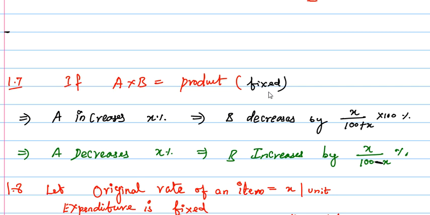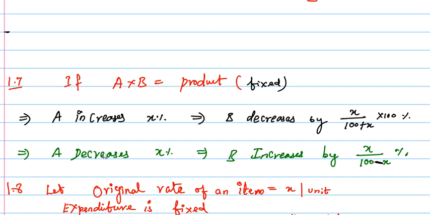Suppose A is increased by x%, then B decreases by x by 100 plus x into 100%. So this is the formula I am going to apply.